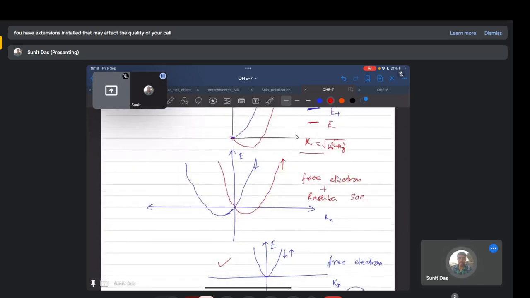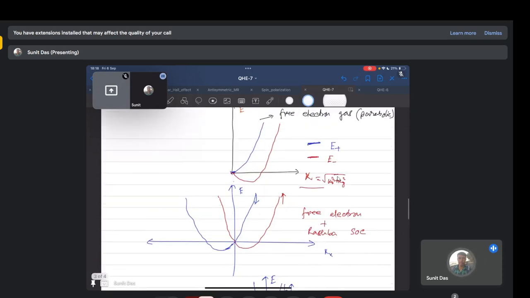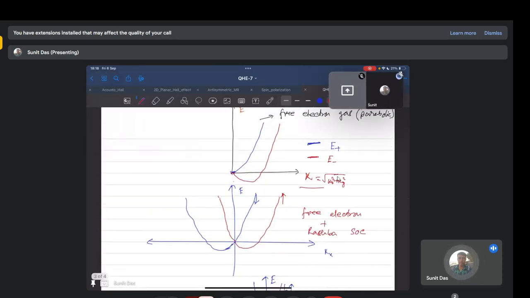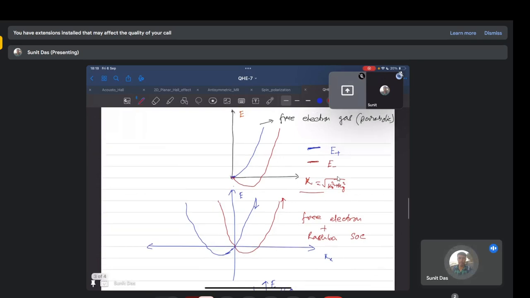So the spin character is going to be mixed, and that's what it means. Spin orbit coupling mixes the spin character of a band. If you see this first plot, energy versus k, you are not able to say that this is only down spin and this is the up spin.